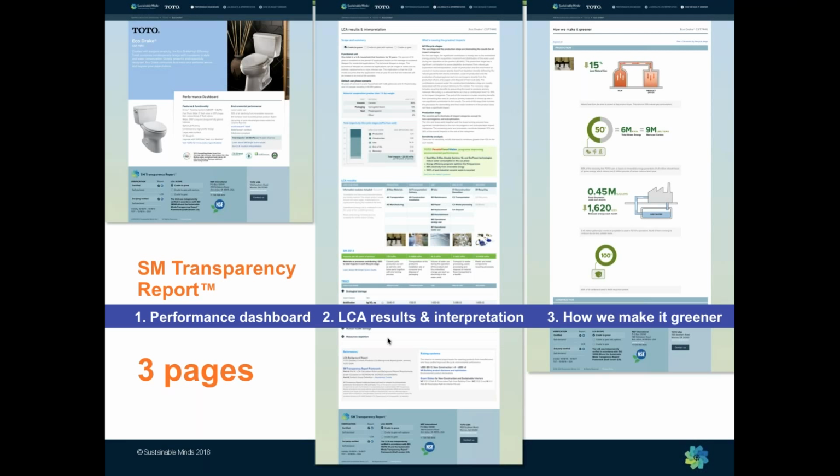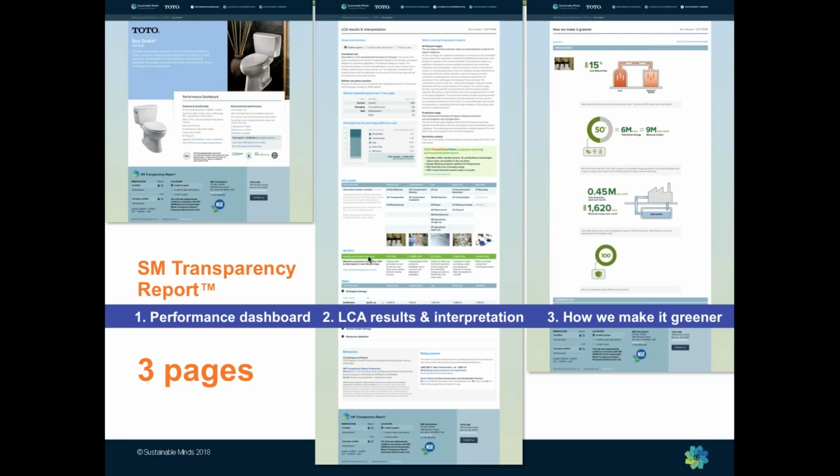But the transparency report, we said, we're going to do this in 3 pages. Because we'd seen a 3-page EPD, we're going to do it in 3 pages, and we're even going to make page 3 optional, because this is where the optional content goes. Page 1 has everything somebody would need to know about the product: technical performance, access to the guide specifications, and access to the product pages on the manufacturer's website. Page 2 has all the LCA results required by ISO 14025.